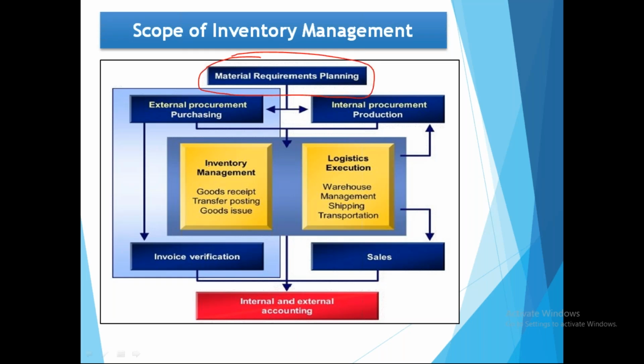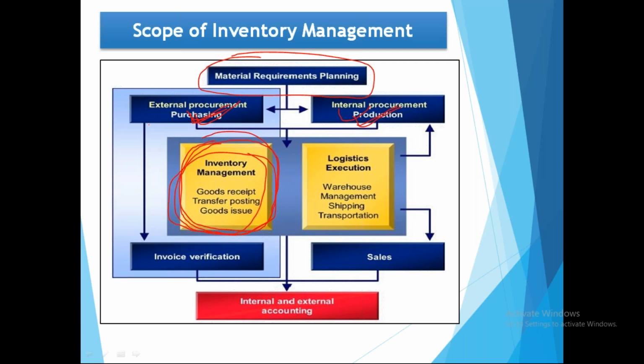Whenever you run MRP, the system will check the inventory stocks of the material, and accordingly it will tell you whether you have to do purchasing or whether you are going to do production. So that information will be given by MRP. Based on that, your procurement or production will happen, and you will be getting the stock.